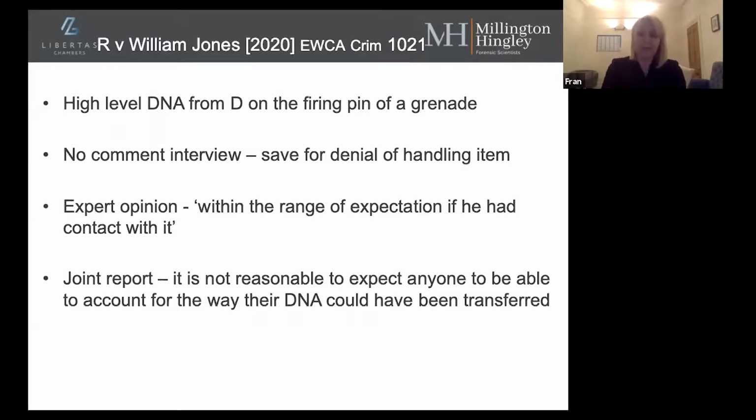One of the things they did agree in that case, which the Court of Appeal held on to, was that, as Joe has been telling you, it's simply not realistic to expect anyone to account for how their DNA may have found its way onto an item by indirect methods.